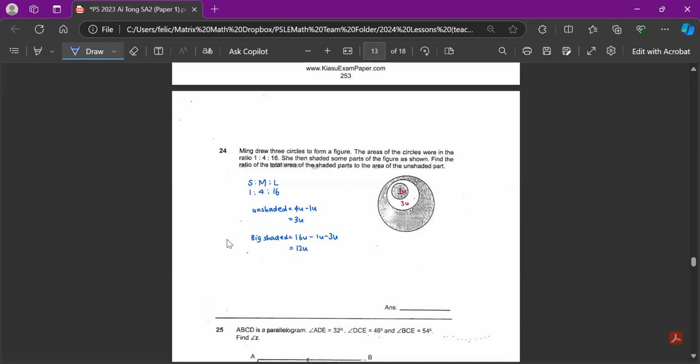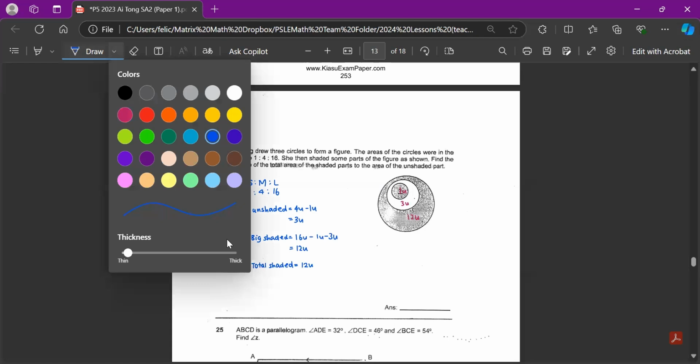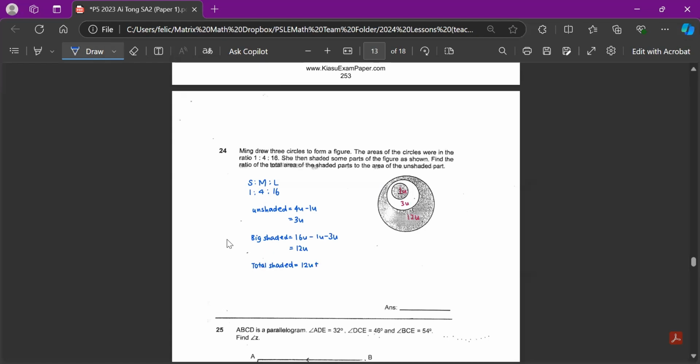All right, so total shaded parts. The question was total shaded, right? For the ratio. So 12U is the big one. Sorry, I forgot to annotate. So this is your 12U. So 12U plus 1U shaded, the small circle.